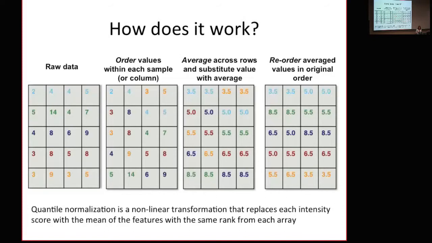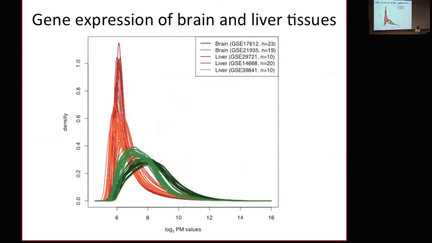So what do I mean by global differences? I think this is the most convincing plot I found. This is gene expression. I apologize for not sticking with DNA methylation, but it was so convincing, I just wanted to use it. This is gene expression of brain and liver tissues. So here, instead of just considering the expression of 1 gene or 2 genes or 3 genes, I'm considering the expression of 20,000 genes for one sample. That's one line.